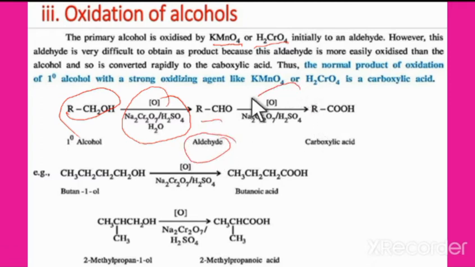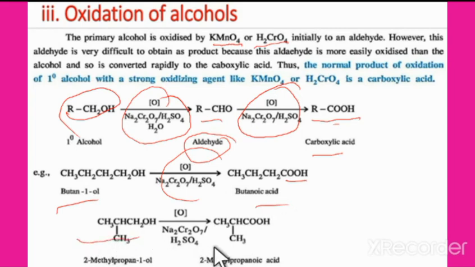The aldehyde further undergoes oxidation to give the carboxylic acid. Butan-1-ol on oxidation gives butanoic acid. Similarly, 2-methylpropan-1-ol on oxidation gives 2-methylpropanoic acid.